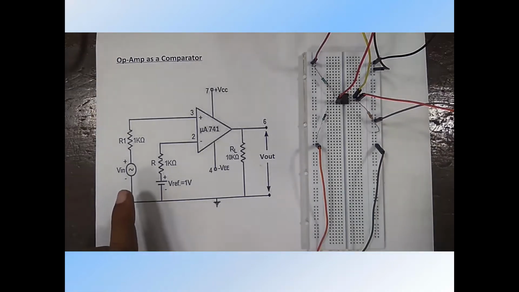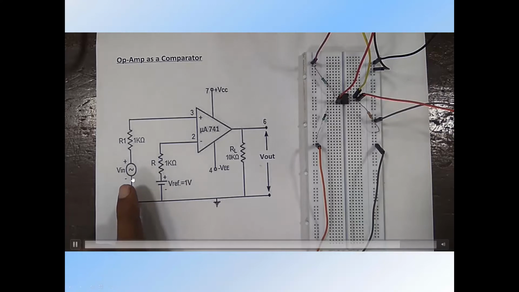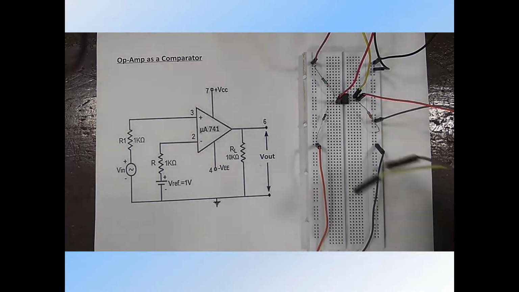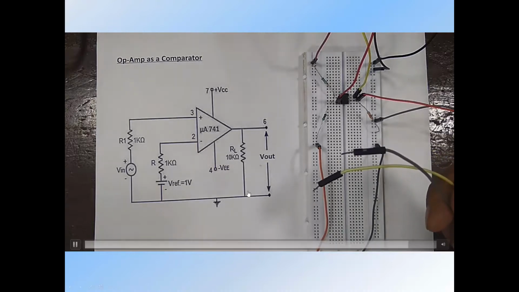So next step, we also have to display the input signal on the DSO. For this, one channel of the DSO is connected to the input side with these jumper wires.